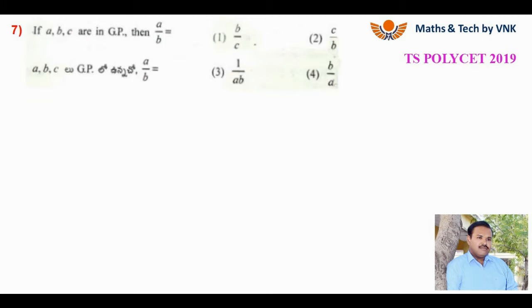Next question is, if a, b, c are in GP, then a by b is equal to. From the given geometric progression, first term T1 is equal to a, second term T2 is equal to b, third term T3 is equal to c. For geometric progression, the common ratio R is equal to T2 by T1 is equal to T3 by T2.